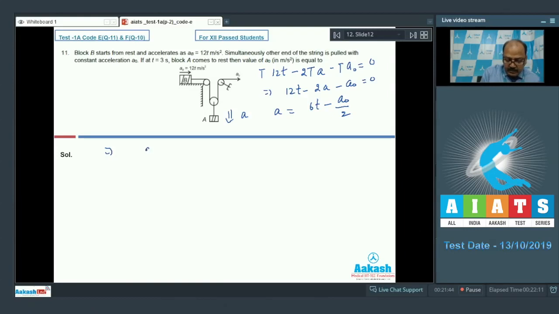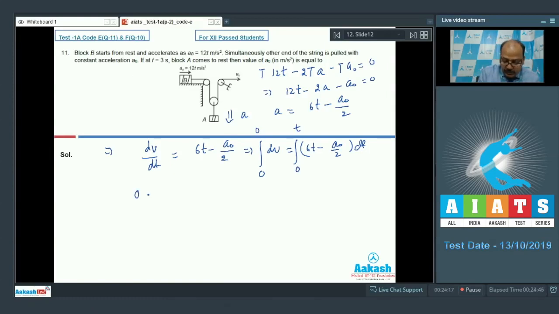That means we can further write dV by dt equals 6t minus A0 by 2, or dV equals 6t minus A0 by 2 dt. So the left hand side, the limits will be 0 and 0 because it starts from rest and comes to rest again. T goes from 0 to t.